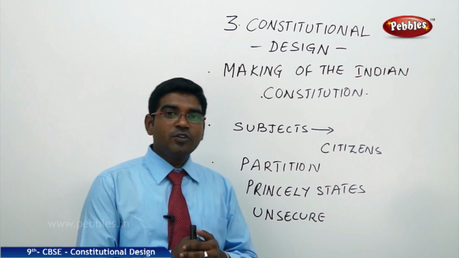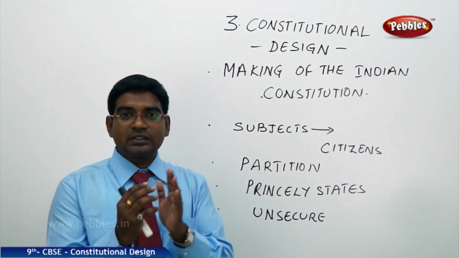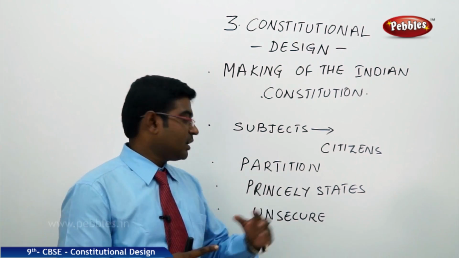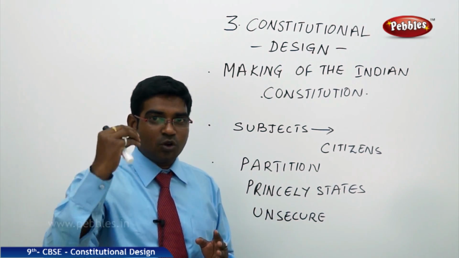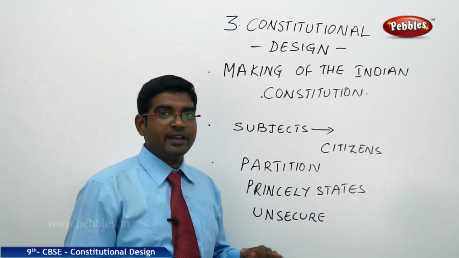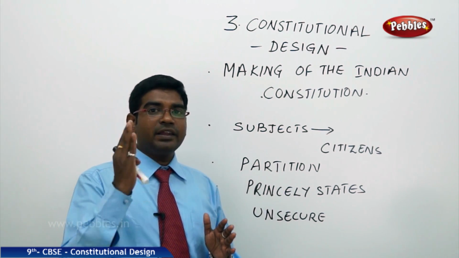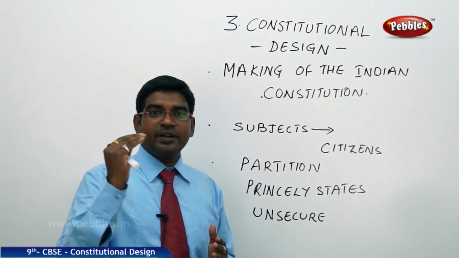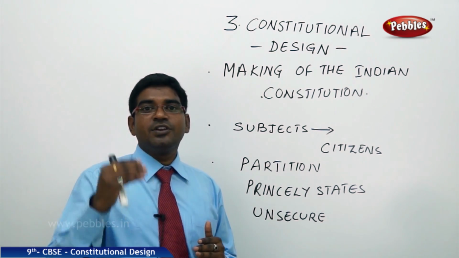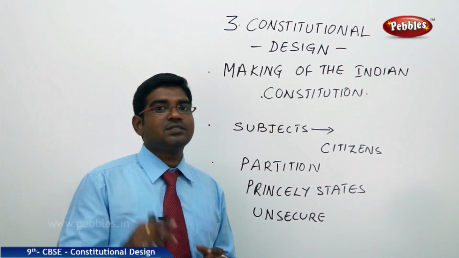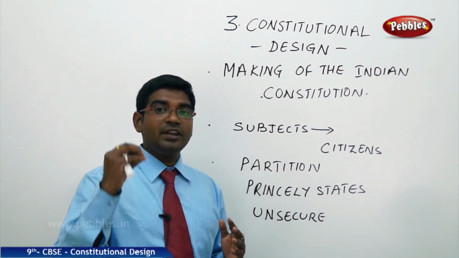Next, moving on to the other important challenging point, that is princely states. When India was under British rule, these princely states were not directly controlled by the Britishers. The Britishers recognized the princely states as independent kingdoms at that time. They may be small in size, but they had independent status.